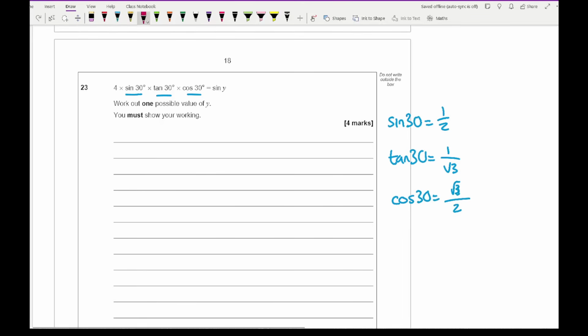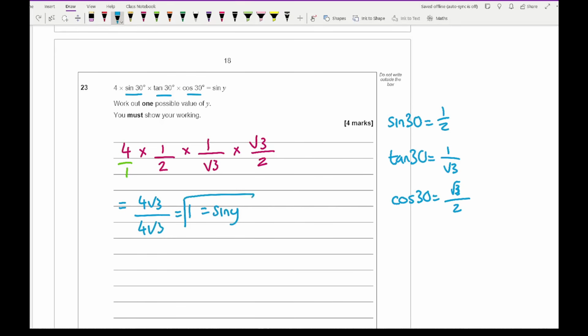So then substituting those numbers in, we get 4 times 1 over 2 times 1 over root 3 times root 3 over 2. If I turn that 4 into a fraction and then multiply all the numerators together, I get 4 root 3 over 4 root 3, which equals 1. So sine y equals 1.